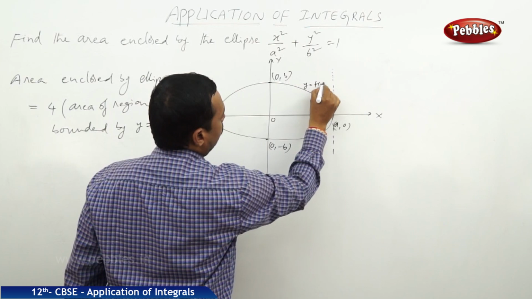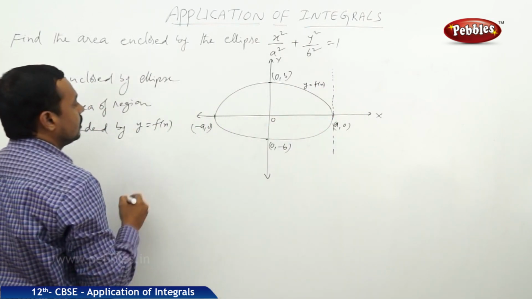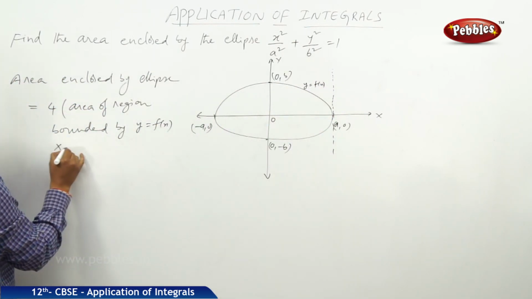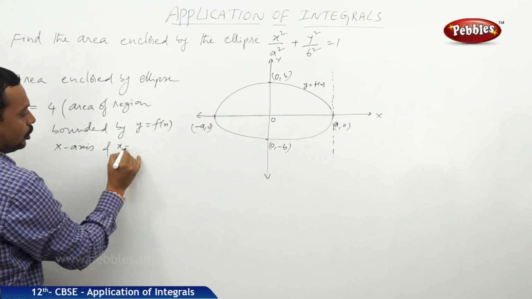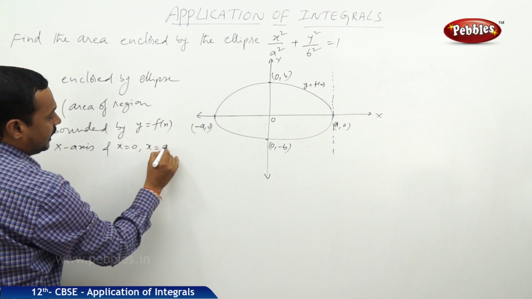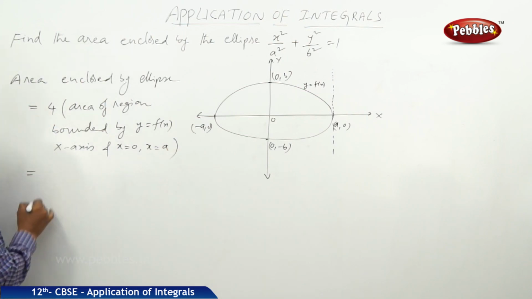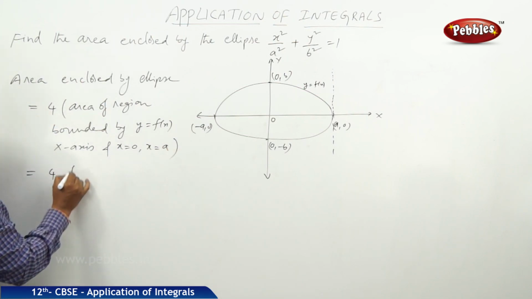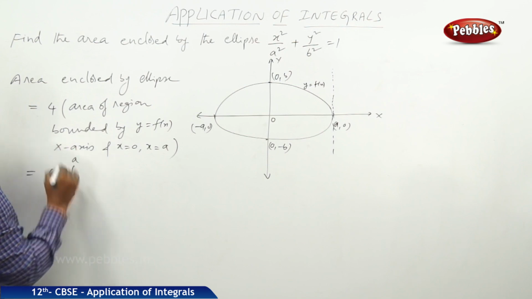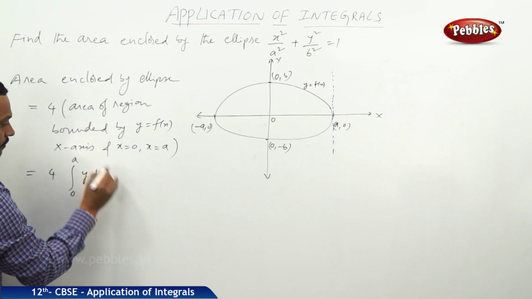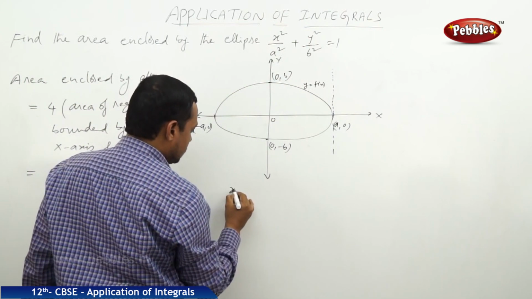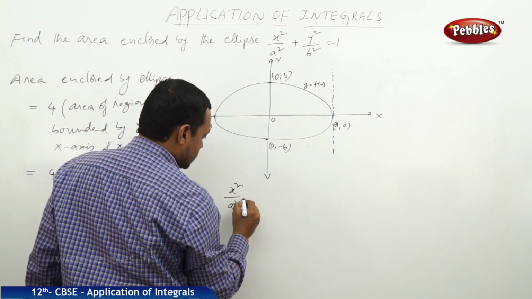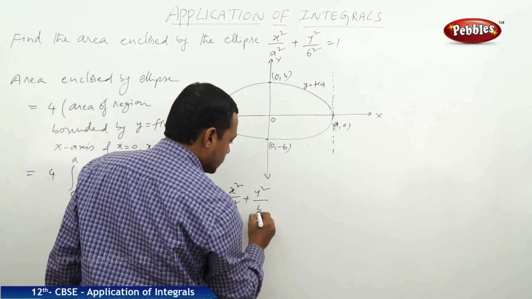Now this is the curve y is equal to f of x with x-axis and x is equal to 0, x is equal to a. Therefore, it is 4 into integral 0 to a y dx. Here the given equation is x square by a square plus y square by b square is equal to 1.